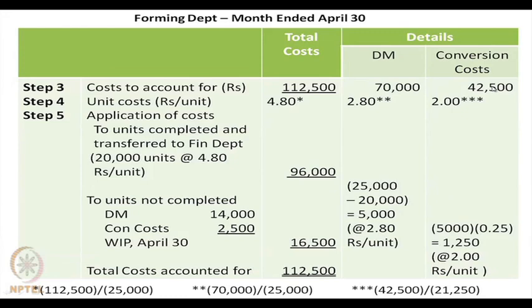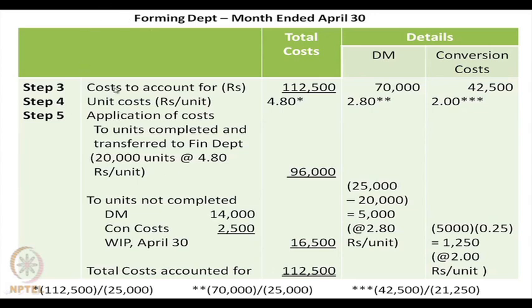So, we divide that to get the unit cost, that is the cost of conversion resources that was consumed by one equivalent unit. Adding it up, we get this as 4.80, which is also this divided by 25,000. That is what is written here.